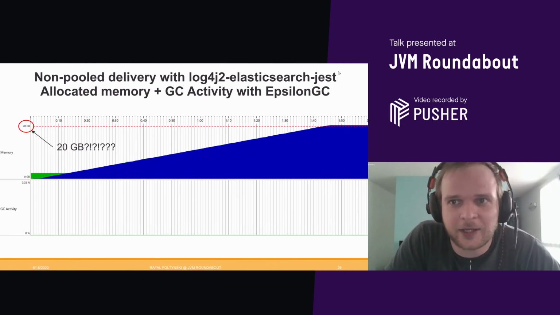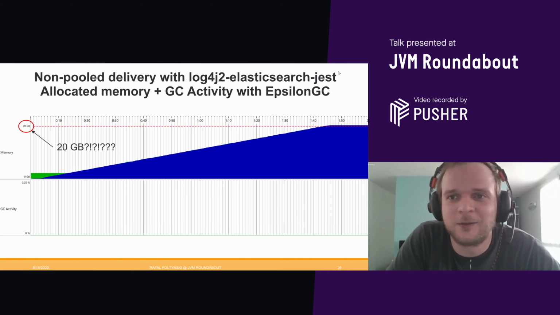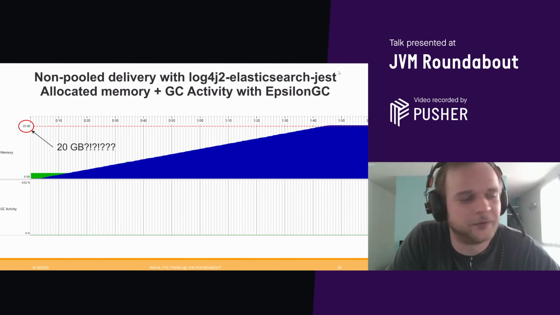And it turned out that in order to send 1 million log messages, where every message has roughly 300 characters, it takes 20 gigabytes of memory on your heap to actually do that.